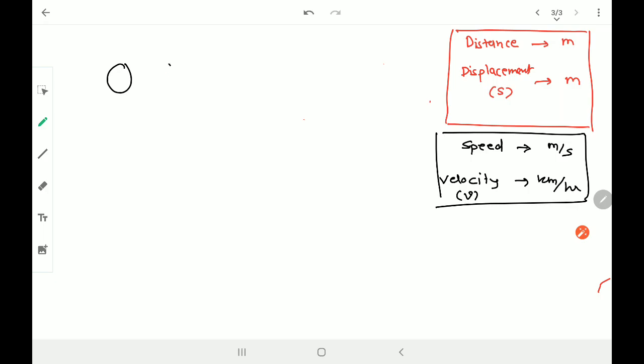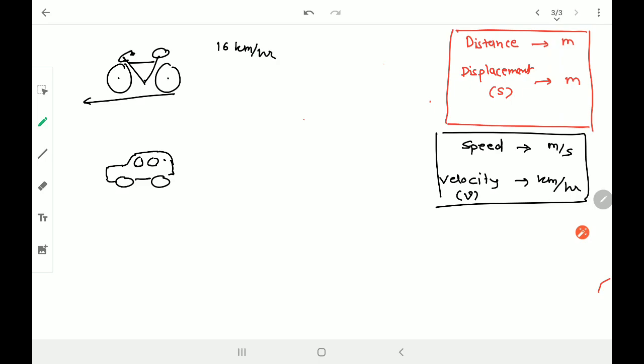Imagine I have a bicycle and you have a car. Now the bicycle is taking some speed, like imagine 16 kilometer per hour.